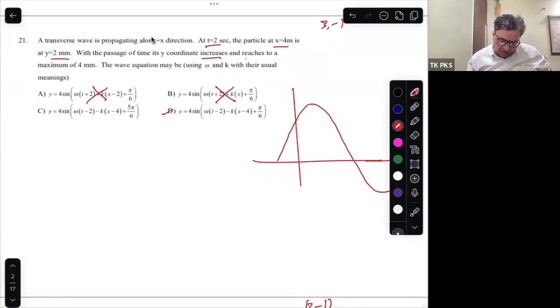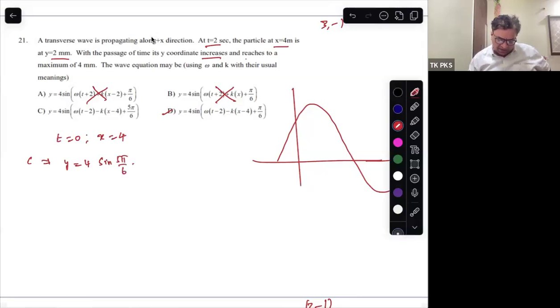So therefore, among these two, what is correct? See, if I take let's say t is equal to 0, x is equal to 4, then option C is y is equal to 4 sine 5 pi by 6. That's a negative value. Sine 5 pi by 6.